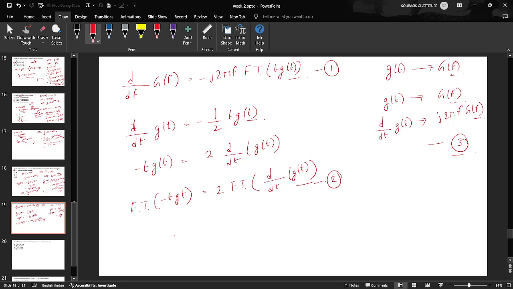So what do you obtain here? That d/df G(f) is nothing but minus j 2 pi, the Fourier transform of t g(t), which is nothing but 2 times the Fourier transform of this, and this is given as j 2 pi f. So 2 j 2 pi f, one j involved here, so it would be minus j squared, that is, 8 pi f G(f).